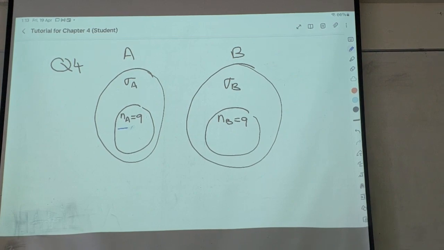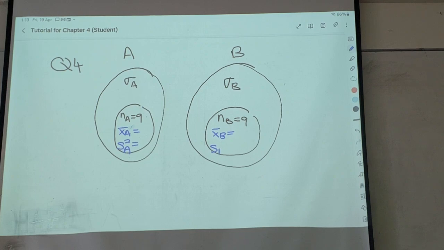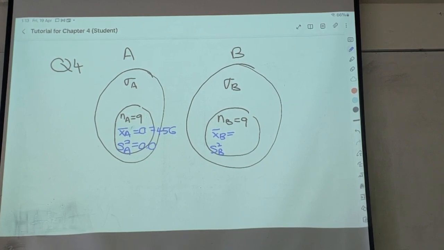You need to find X bar A first. You need to find X bar B for sample B. Then you also need to calculate the sample variance. I will give you this variable. 0.7456. This you get sample variance 0.010.